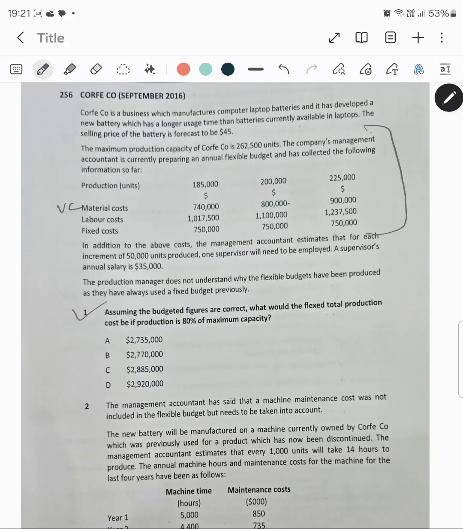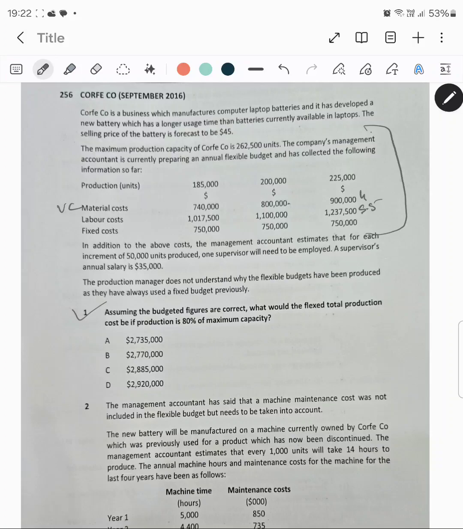Now let's talk about the labor cost. 1,17,500 divided by 1,85,000, and here I get labor cost is 5.5. I think same would be for 2 lakh units. 1 million 1 lakh divided by 2 lakh, this is also coming 5.5 for 2 lakh units.